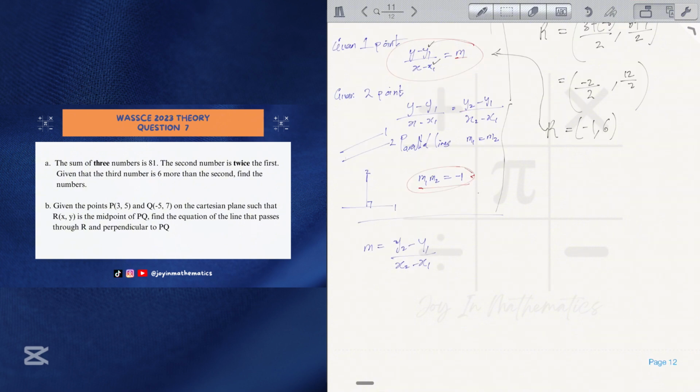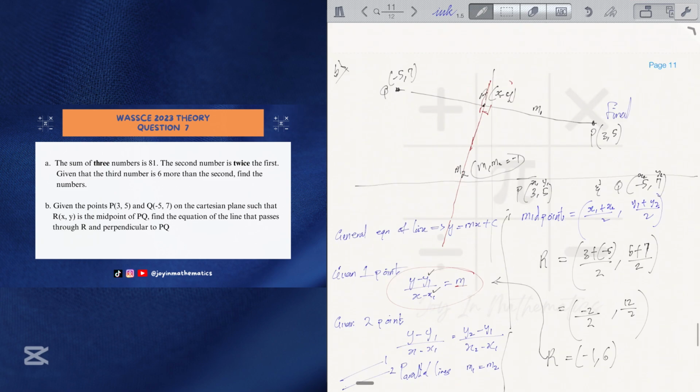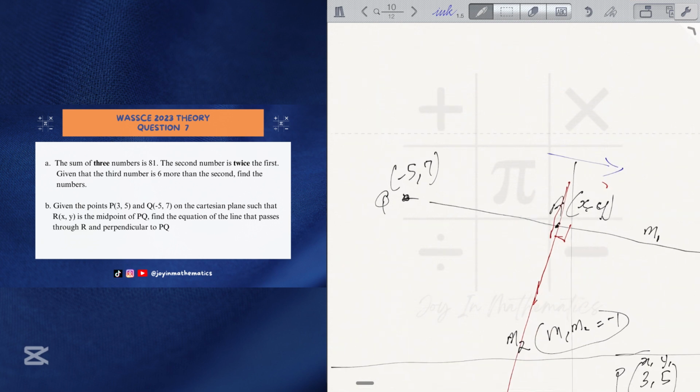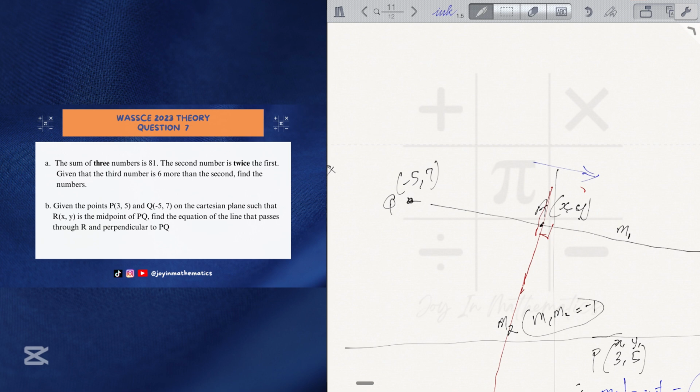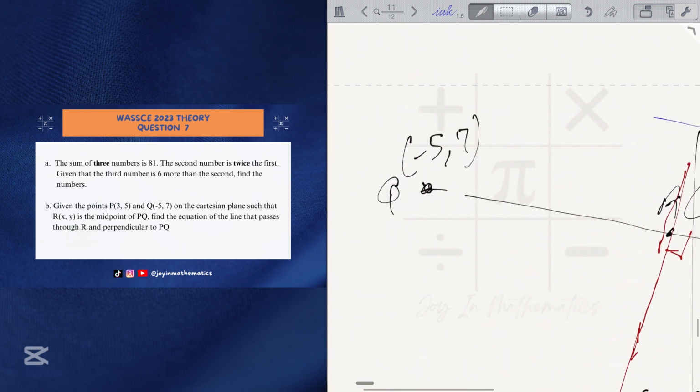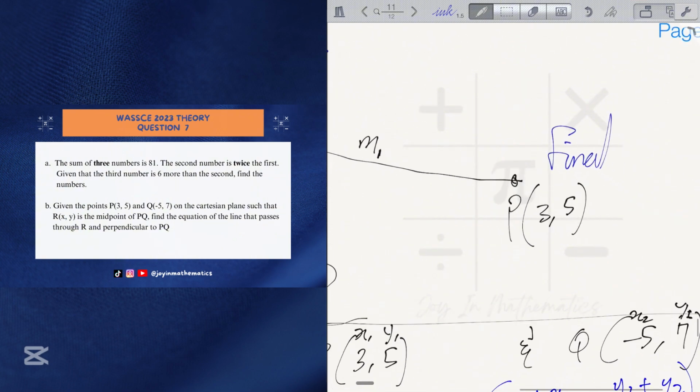Now to evaluate the gradient, we are going to go back here and see what is our y2, what is our y1. So the gradient is moving in this direction, as you can see, so we're expecting it to be a negative answer. So this will be our x1, our y1, and this will be our x2 and our y2.